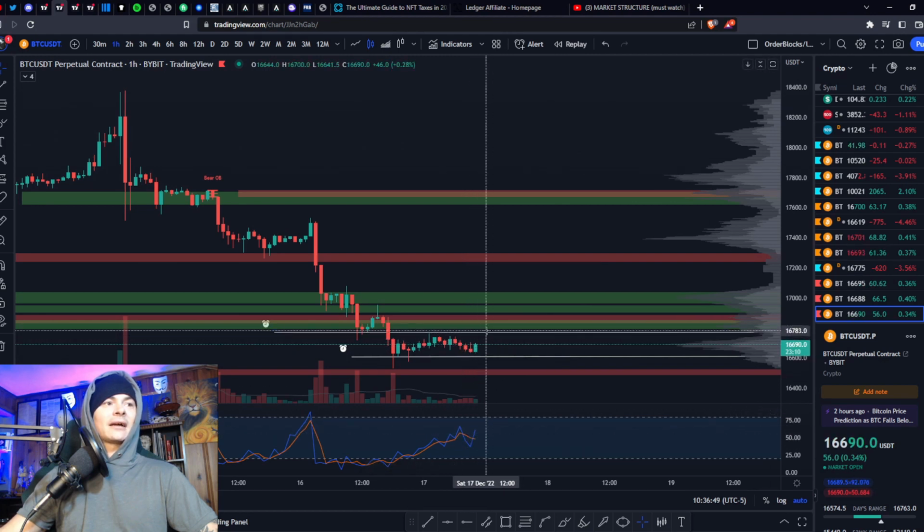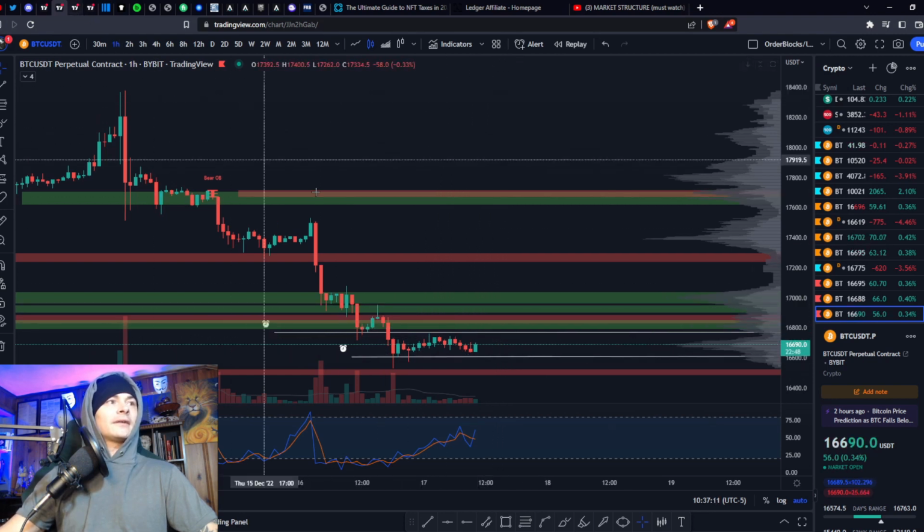But like I said, that 16,800 level is right outside of this current range, so that could be your bull trap, your false breakout, and then crack back down. And if we break 16,600, we're in trouble. We'll go back over to the other chart and talk about the bullish and bearish case, but I just wanted you to see that order block real quick.